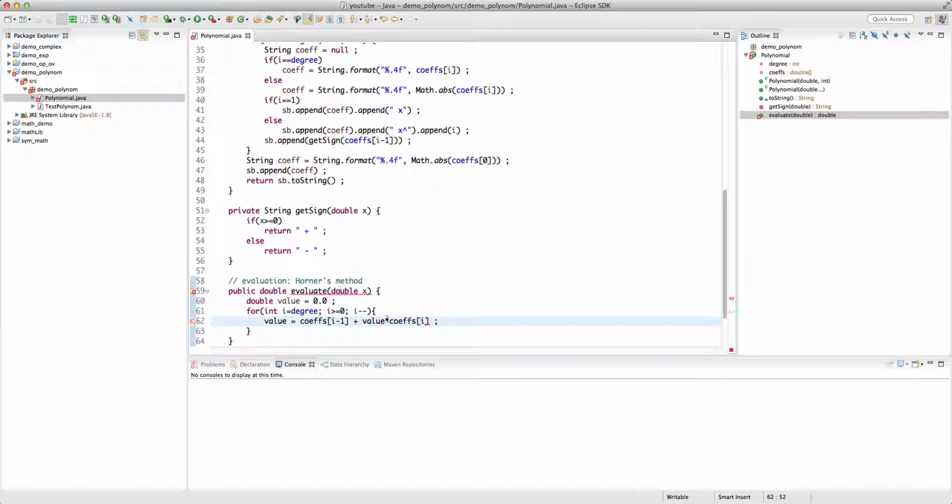Okay, so we start with degree, so basically we start at degree minus 1.